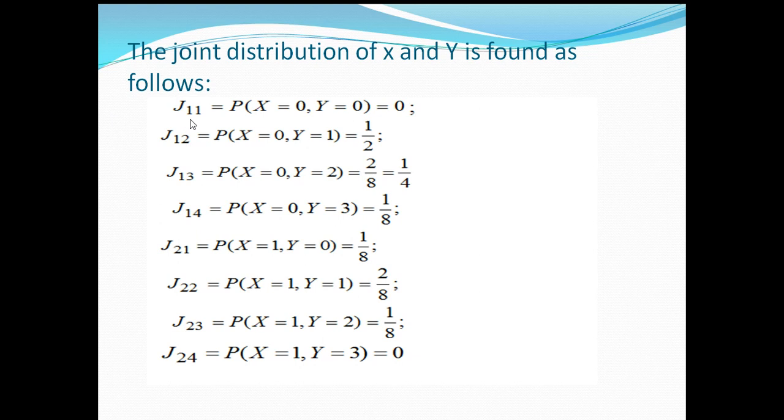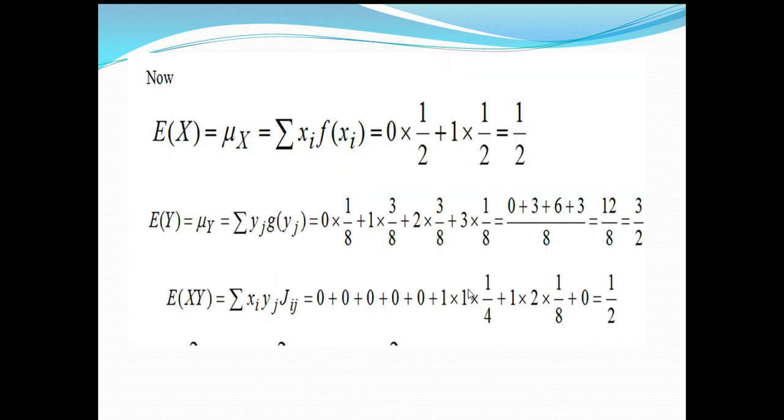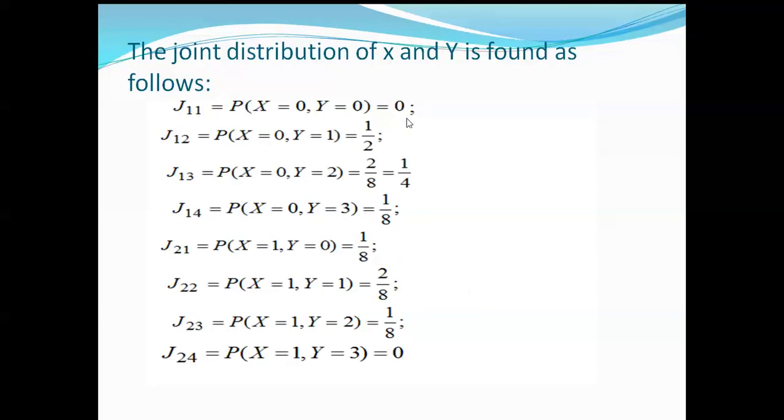Let me take the first value j11. How to get j11? When p of x is equal to 0 and y is equal to 0 together. When x is 0, y is 3. When y is 0, x is 1. So when x is 0 and y is 0, there is no possibility of outcomes here. So therefore that is equal to 0.